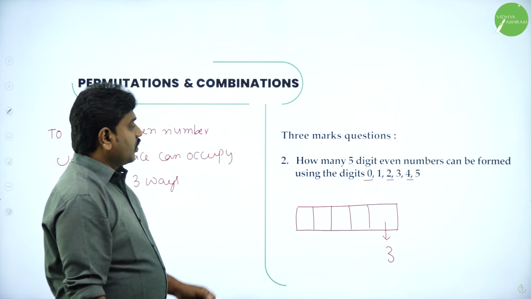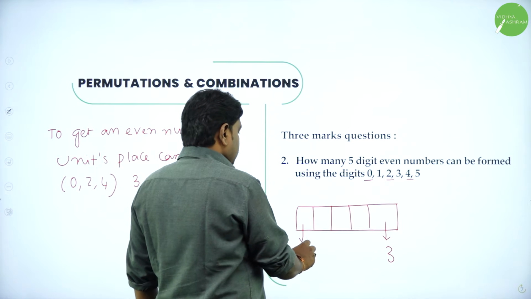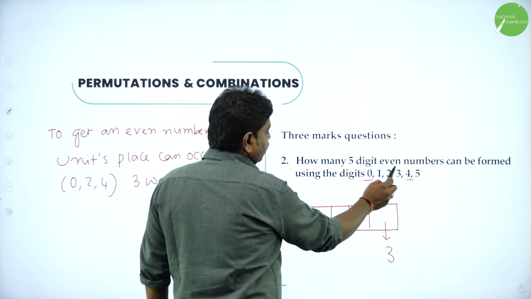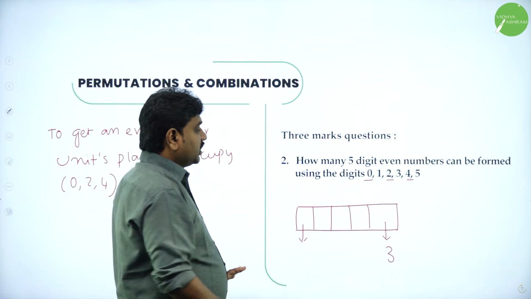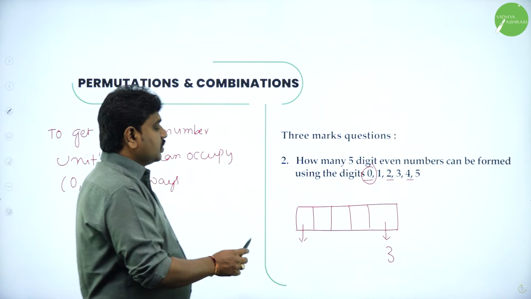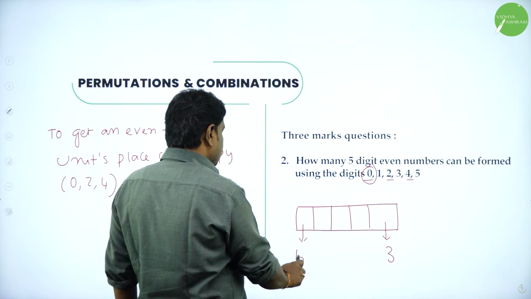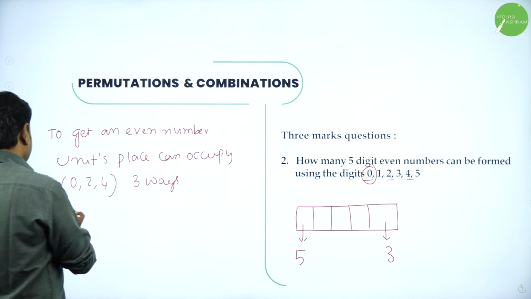And for a 5-digit number, they have given 6 numbers. I can fill in 6 ways, but I cannot fill 0 in the first place. So there is another restriction.